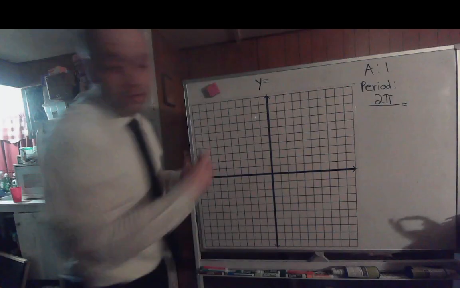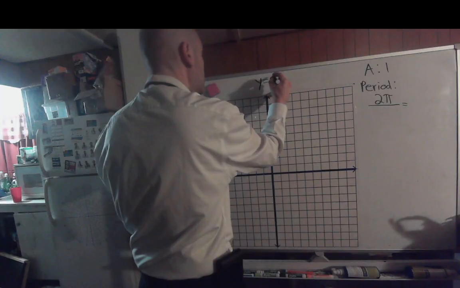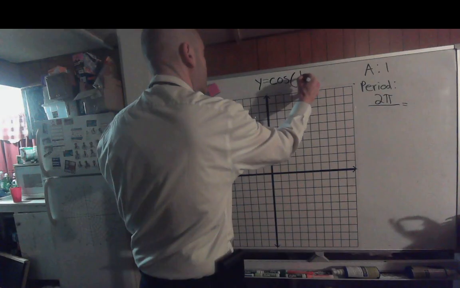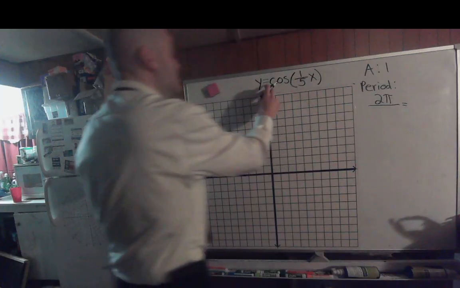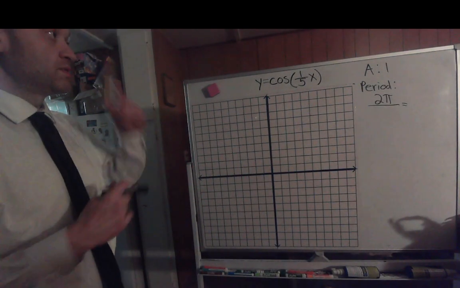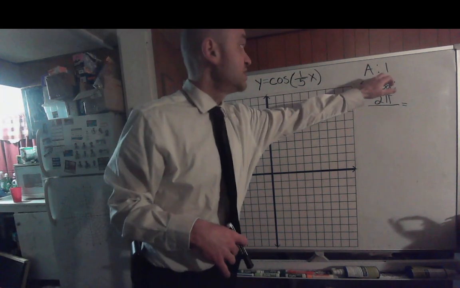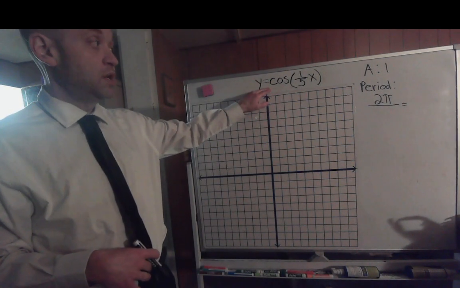Let's leave that up. Let's see what we got next. This time we're going to graph the cosine of 1/5 x. So the cosine of 1/5 x, well, the amplitude's still 1 because the coefficient on the cosine part is 1.